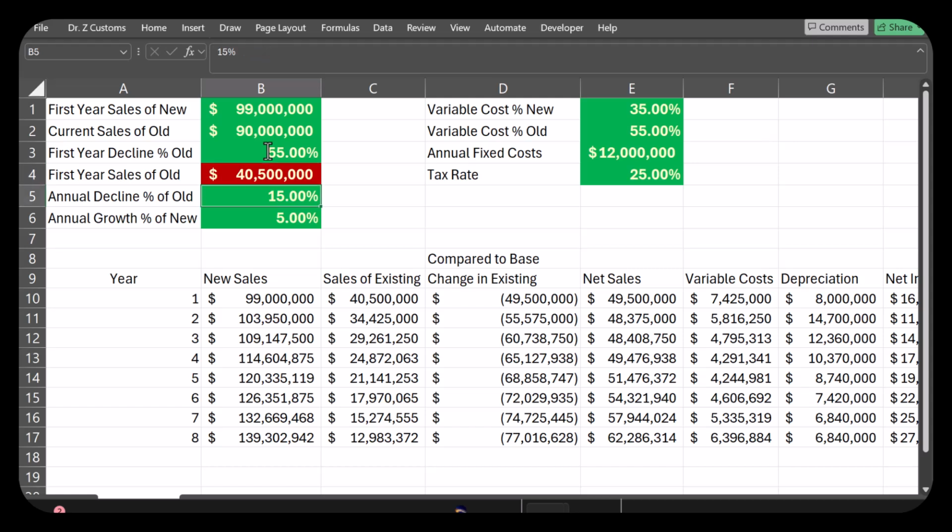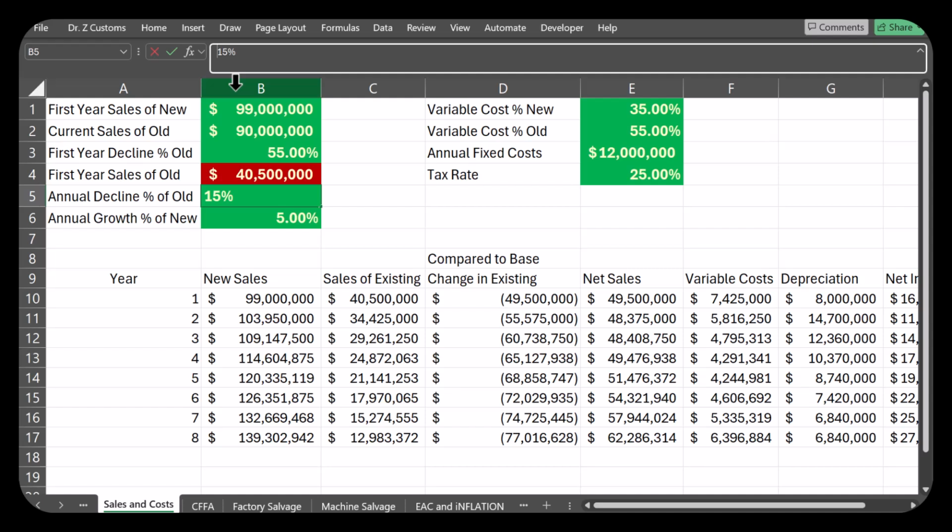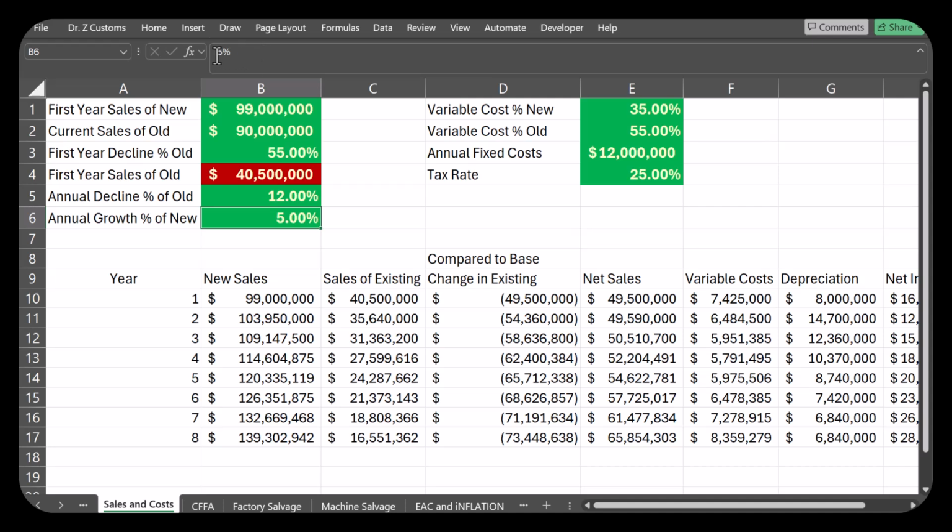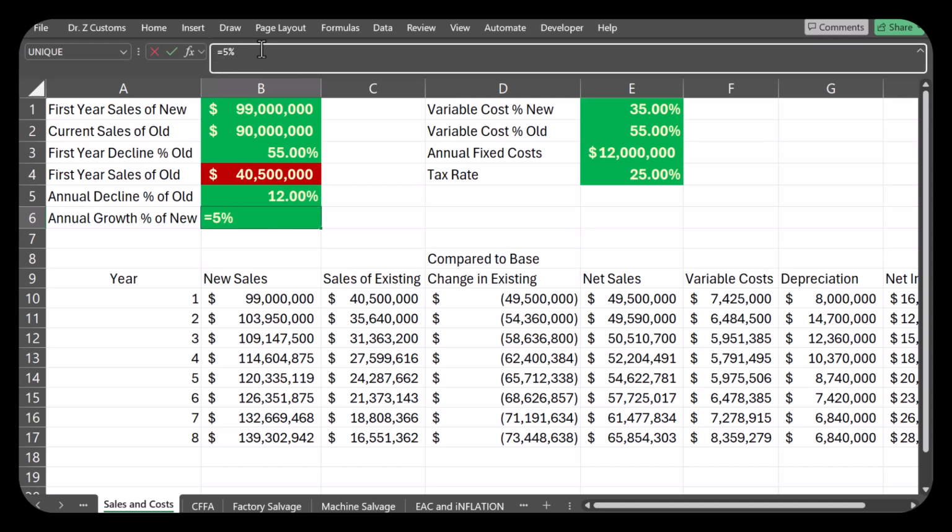This we did plus or minus 3%. Again, that's a negative item, so I put a negative there. And this is a positive item, and I did that plus or minus 2%.